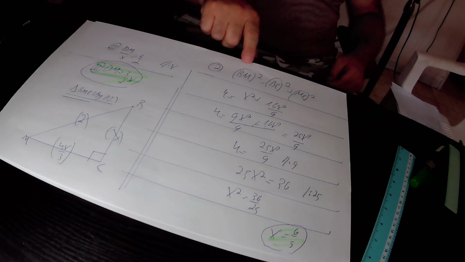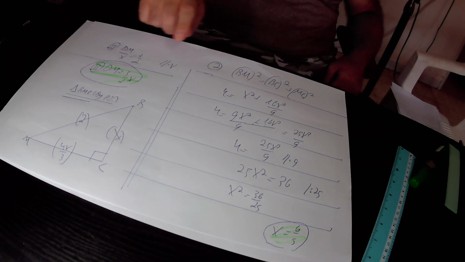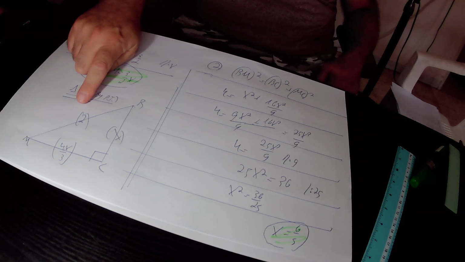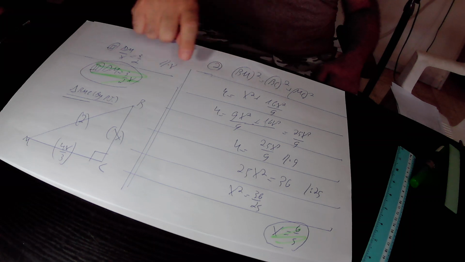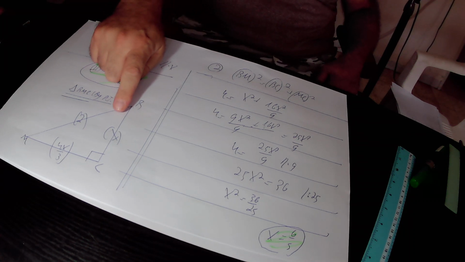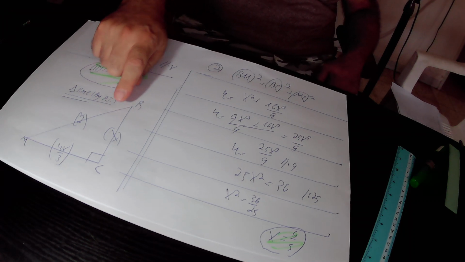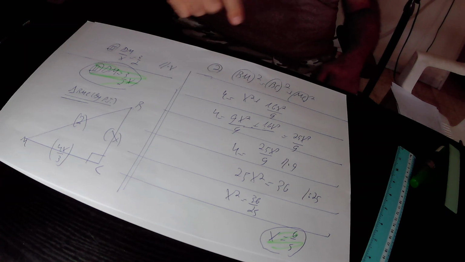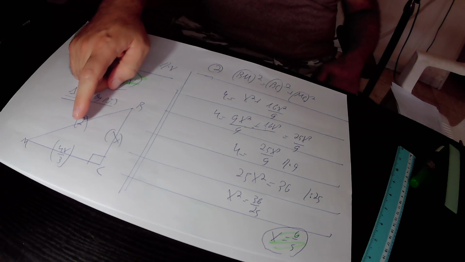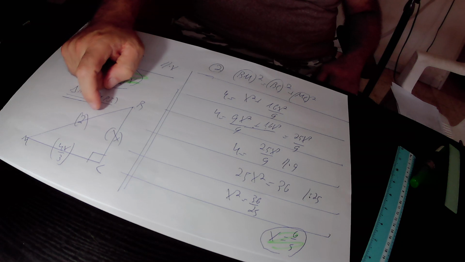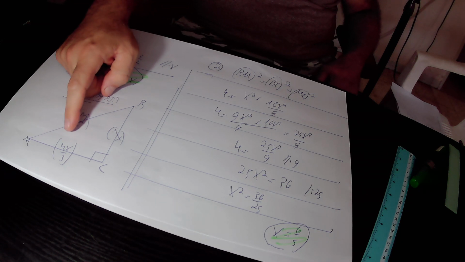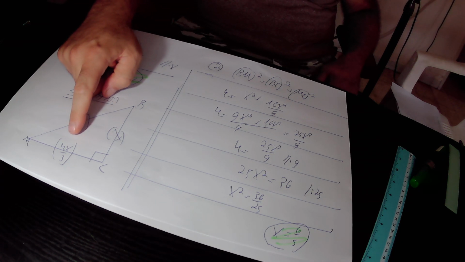Again, BM squared equals BC squared plus MC squared. BM is 2, therefore BM squared is 2 squared, that is 4, and this equals BC squared. BC is x, so BC squared is x squared plus MC squared. MC is 4x over 3. MC squared is 4 squared, that is 16, times x squared over 3 squared, that is 9.